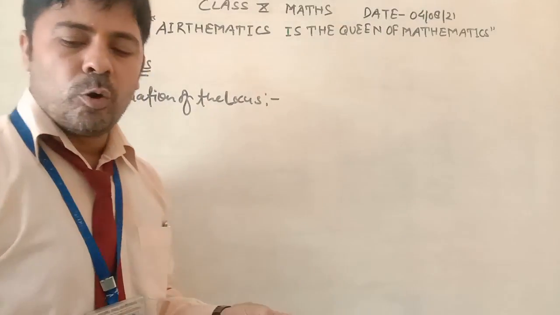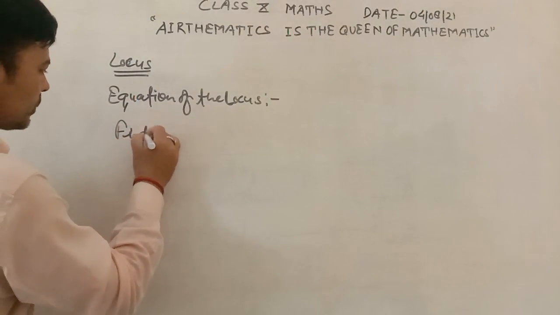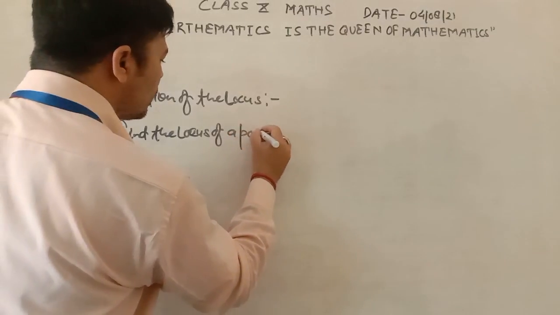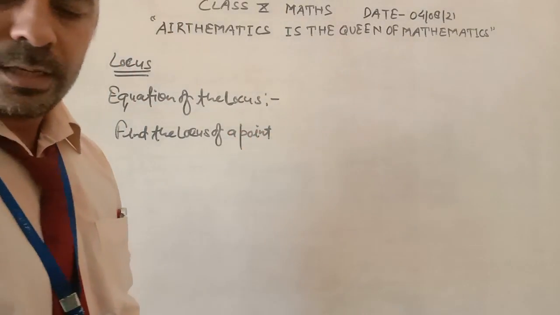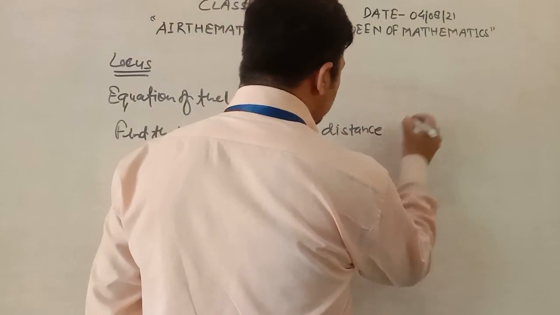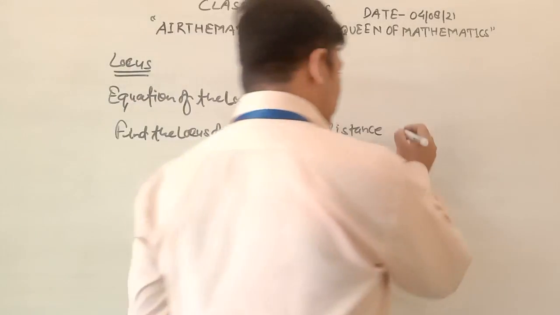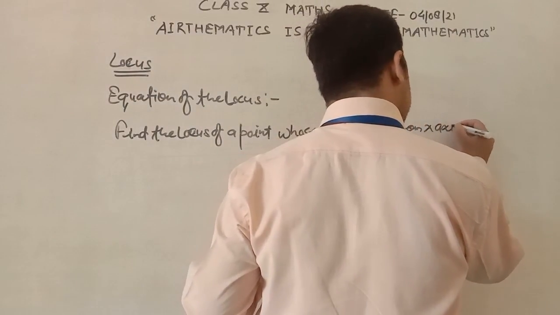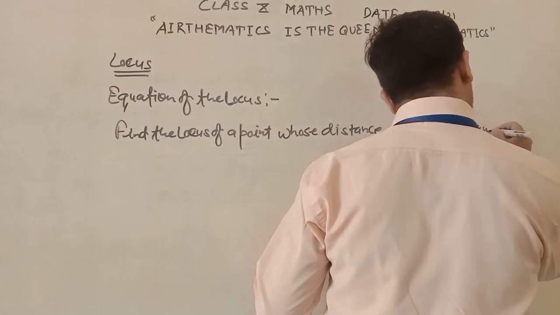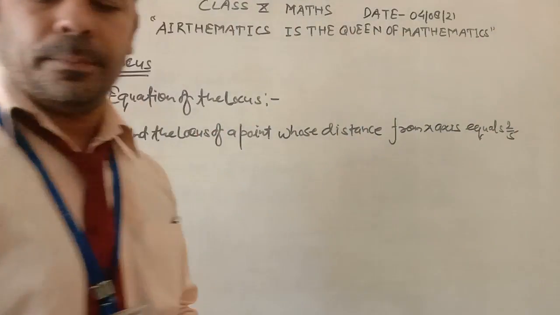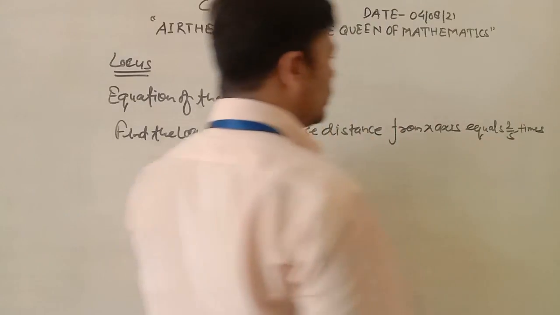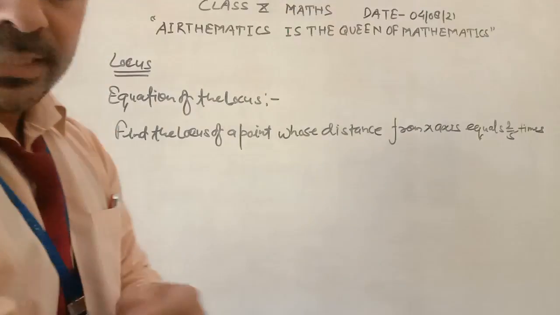Suppose you are given: find the locus of a point whose distance from the x-axis equals 2 upon 5 times its distance from the origin.